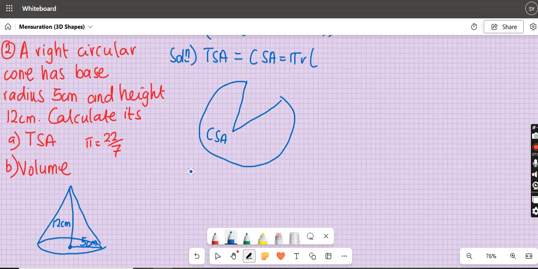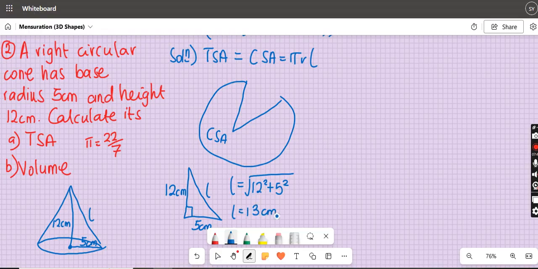Now, to find our L, the slant height, let's bring out a right angle triangle, where 12 is the height of the cone, 5 cm is the base radius, and L is the slant height. So L is the square root of 12 squared plus 5 squared, which gives us 13 centimeters.